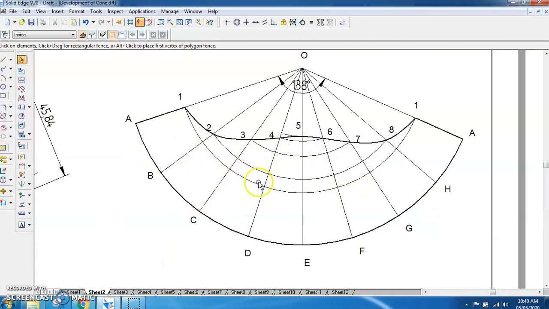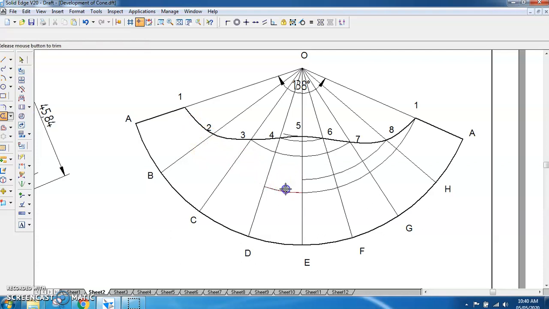If I erase the construction lines from here, you will get the development of the cone like this. This would be the final development that you will get.